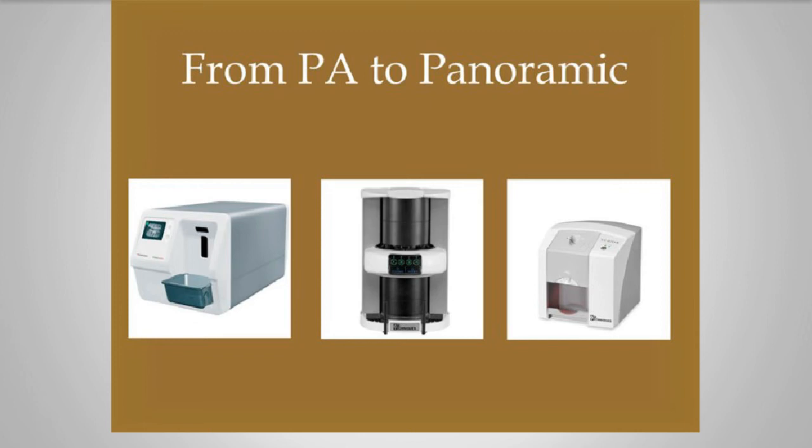Is a PAN just as good as an FMX? That is another question that I would say it depends. What are we looking for? A PAN is good at diagnosing caries in most instances. The answer is no. A PAN is better for looking at jawbone abnormalities, things like that. But again, I think you're looking at two separate things. If I'm going to diagnose perio, I want an FMX.